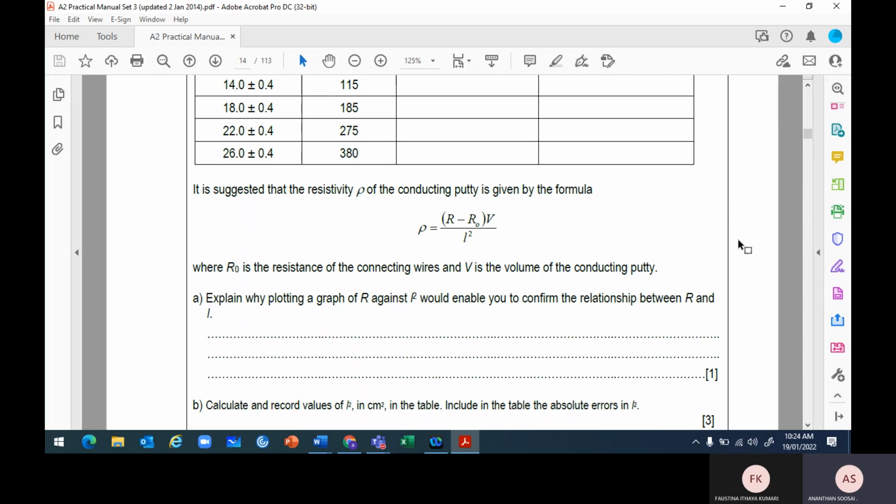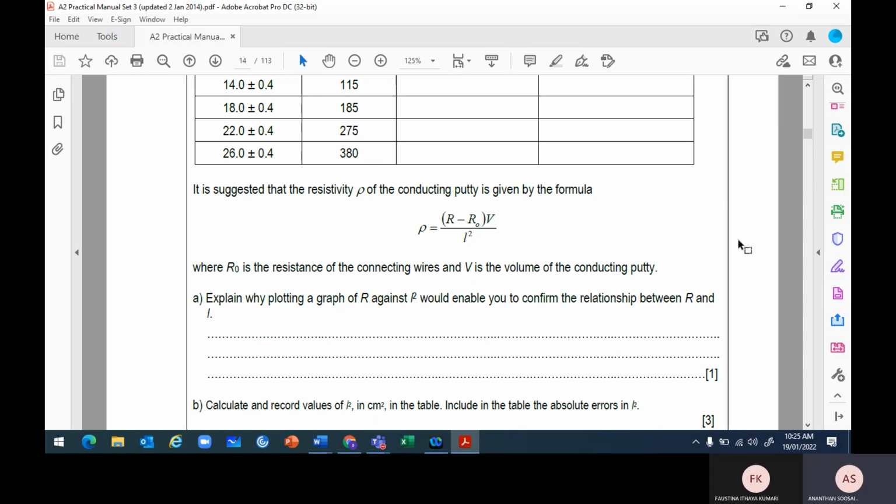Explain why plotting a graph of R against L squared would enable us to confirm the relationship between R and L. Use your linear law, rearrange this equation, then only we are able to find what is gradient, what is your intercept, right?